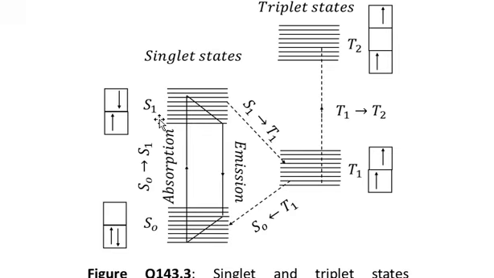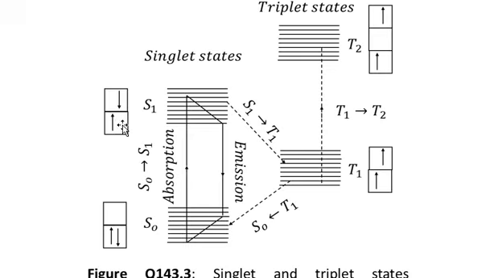So we have the singlet case S0, in which the two electrons have anti-parallel spins and both have the same energy. And in the S1 singlet state case, we have two electrons where one electron has an energy state corresponding to n equal to 1, and the other electron has an energy state corresponding to n equal to 2. But again the two electrons have anti-parallel spin, as you can see.